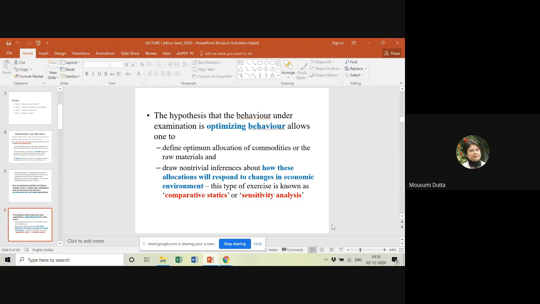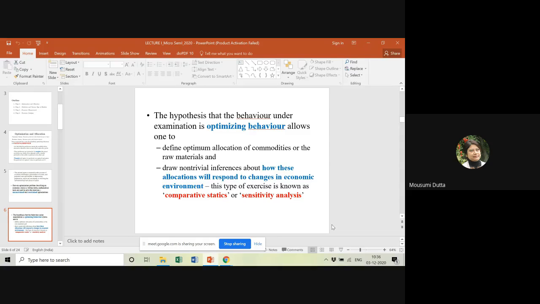From the demander's viewpoint, it will be optimum allocation of commodities. From the producer's or seller's viewpoint, it is optimum allocation of raw materials. So this is the first step: rational behavior leading towards optimization, leading to optimum allocation of resources.